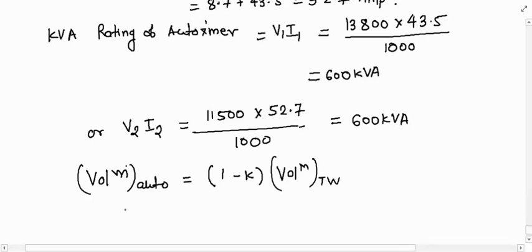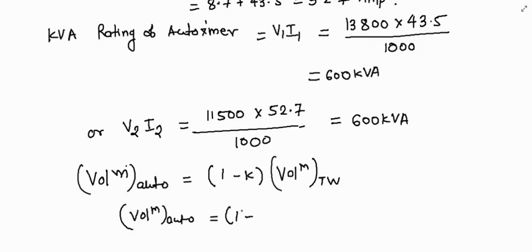So what will it be? Volume of auto transformer will be equal to 1 minus K. What is K? K is nothing but the transformation ratio. So what is the transformation ratio? It is 115 divided by 138, right?